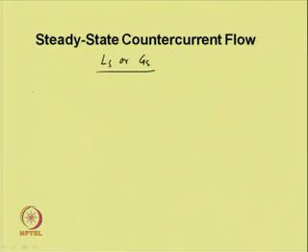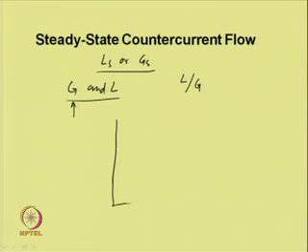Whereas, if we take the quantities G and L, these change as the phases flow from one location to the other in the equipment. Since there is mass transfer from one phase to the other, G and L change and hence the L by G ratio changes. So, the equation of the operating line will not be a straight line.